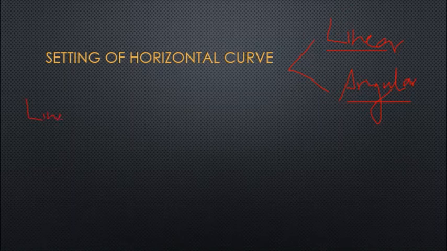The linear methods of setting out of curves are, the first one is offsets from long chord. I'm not going into the details of these methods. The second one is successive bisection of chords.